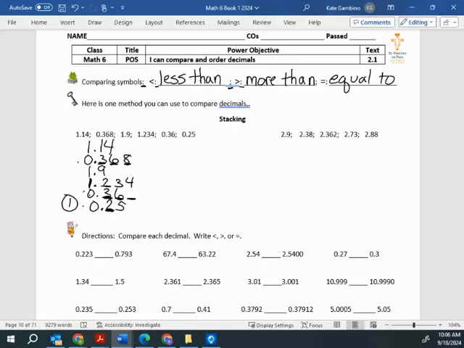The 8 is bigger. How do you know that? Because if there's nothing there, we just add a 0 to it. If there's nothing there, we're going to put a 0 in. So now we compare 8 to the 0, and we know 0 is smaller, and then our 8.